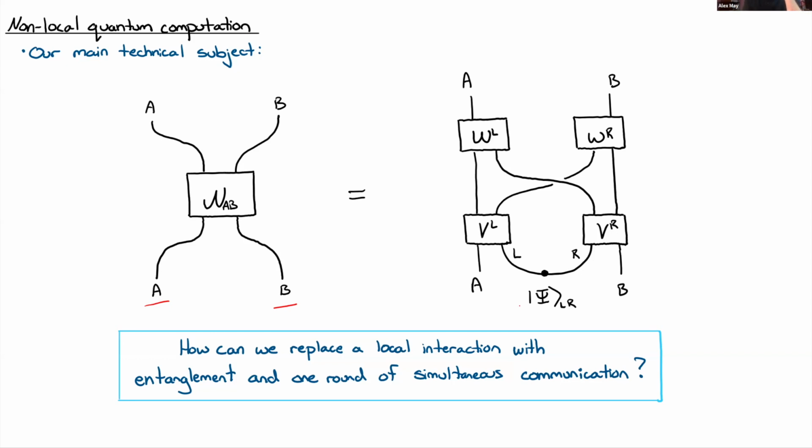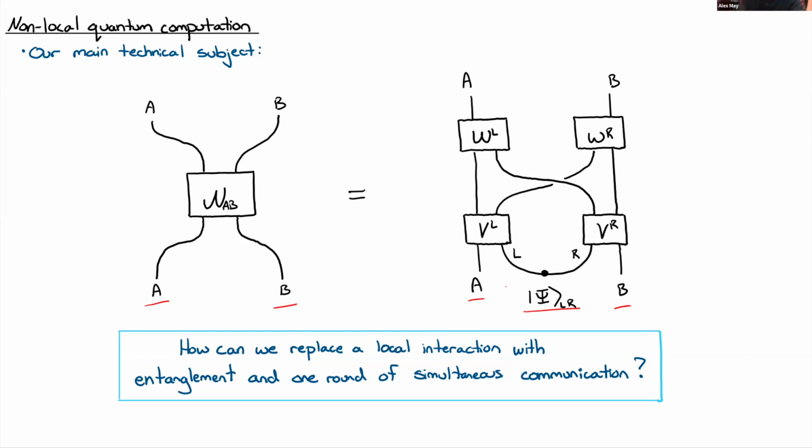The way that we're going to imagine doing this is illustrated on the right. Again, I have my systems A and B, and what we're going to do is share some entangled state, this one here, psi, between the left and the right. Then we're going to act on the left with this operation VL on A and the portion of the entangled state on the left, and then on B and the portion of the entangled state on the right.